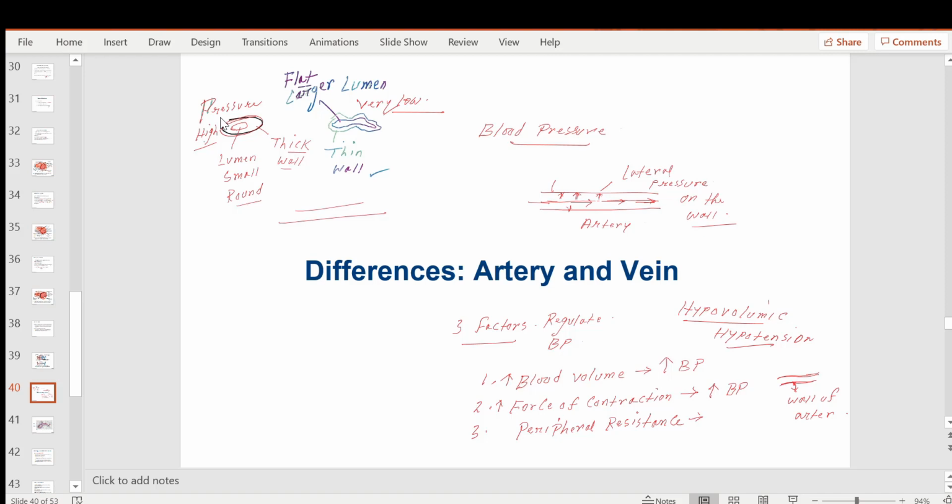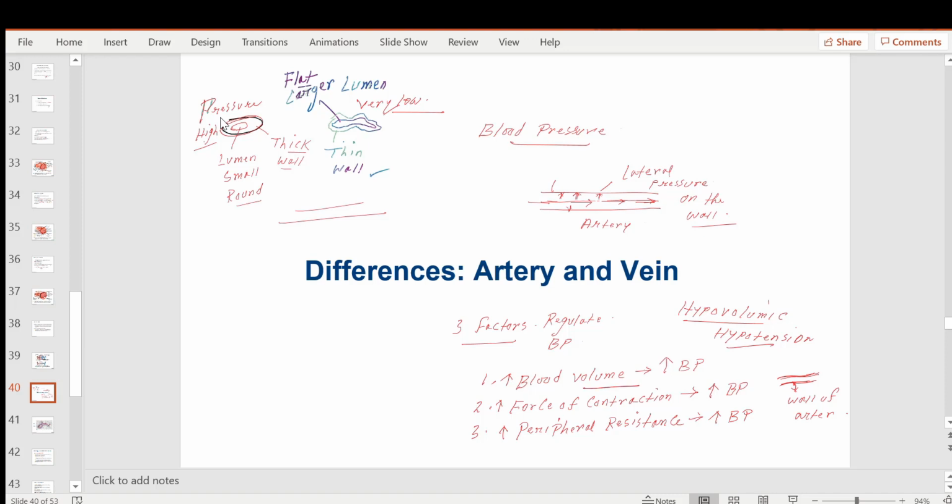If the arterial wall loses the elasticity, then the artery will not be able to dilate, will not be able to get bigger, so will not be able to expand, so the pressure on the wall will be more. So that is the peripheral resistance, and if the peripheral resistance is more, then blood pressure will be more. Okay, so those are three factors.